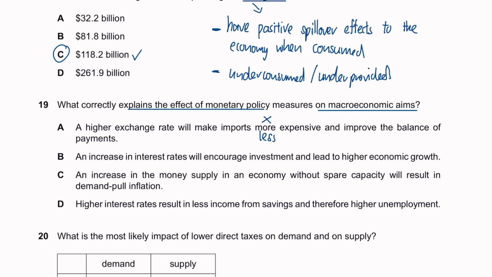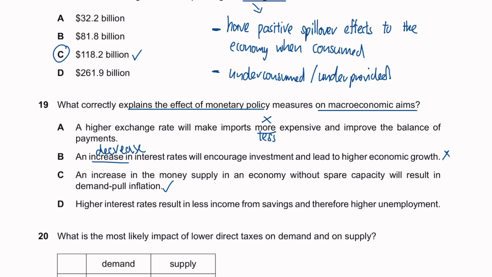B, an increase in interest rates will encourage investment and lead to higher economic growth. No, it should be a decrease in interest rates. Okay. C, an increase in the money supply in an economy without spare capacity will result in demand pull inflation. Yes, it is correct. Okay, I will explain it later.